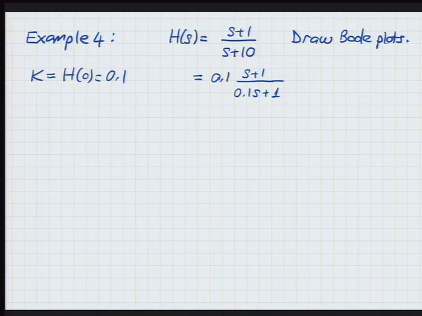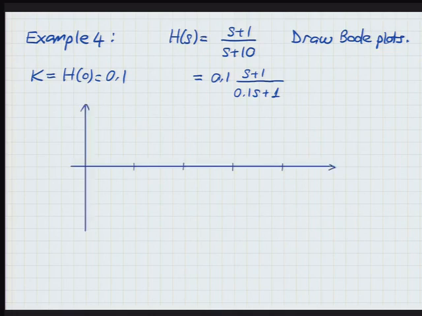So I'm going to do this for the magnitude. Let's start with the magnitude plot for the gain K, 0.1. What is log 0.1? Negative 1 multiplied by 20, negative 20 dB.